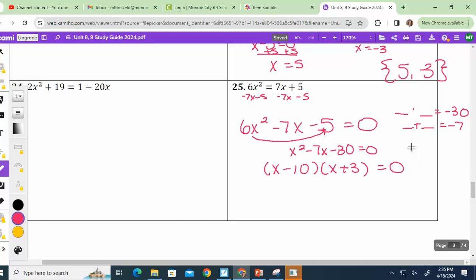So then, we started out multiplying by 6, so we divide by 6. 10 over 6 would reduce to 5 over 3, so that's 3x minus 5. 3 over 6 reduces to 1 over 2, so 2x plus 1. And then what?